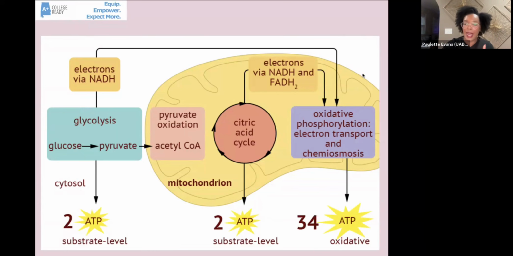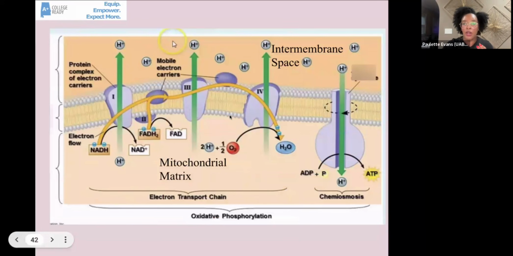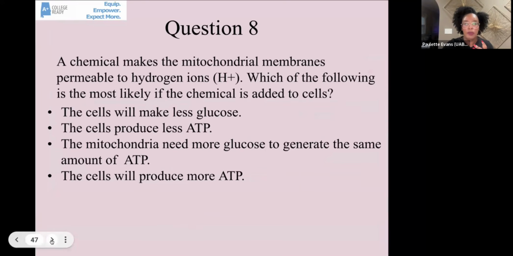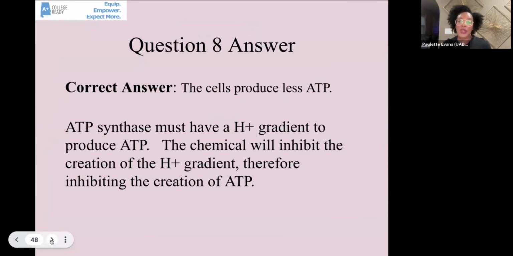The question is saying this outer membrane is leaky. And so when you get to here, you won't be able to build this gradient because you're losing hydrogen ions on the outside membrane of the mitochondria. I hope that makes a little bit of sense. All right, so that was multiple choice 8.